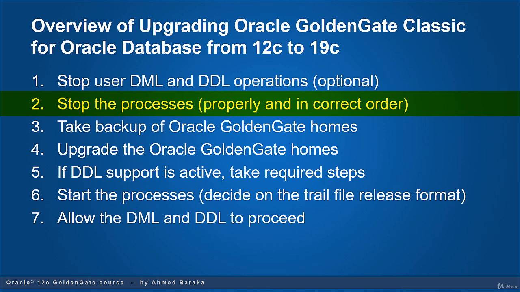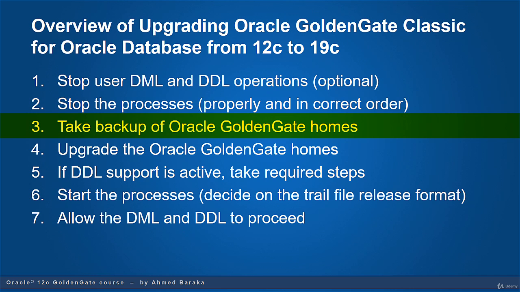By properly, we mean that you should make sure that all the data has been processed before shutting down the processes. And as you learned in the course, we start by shutting down the extract, then the pump, and finally the replicate processes. The processes should be stopped even if you want to upgrade the source system only or the target system only. After stopping the processes, take a backup of the GoldenGate homes in the systems that you want to upgrade.